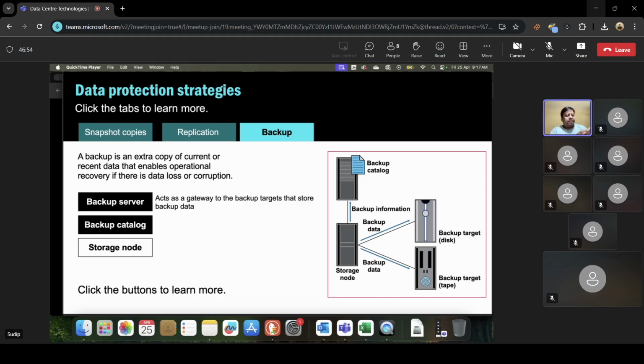For each chunk, it will run the MD5 hashing algorithm, and a hash key will be generated. A 128-bit hash key or a 256-bit hash key will be generated.